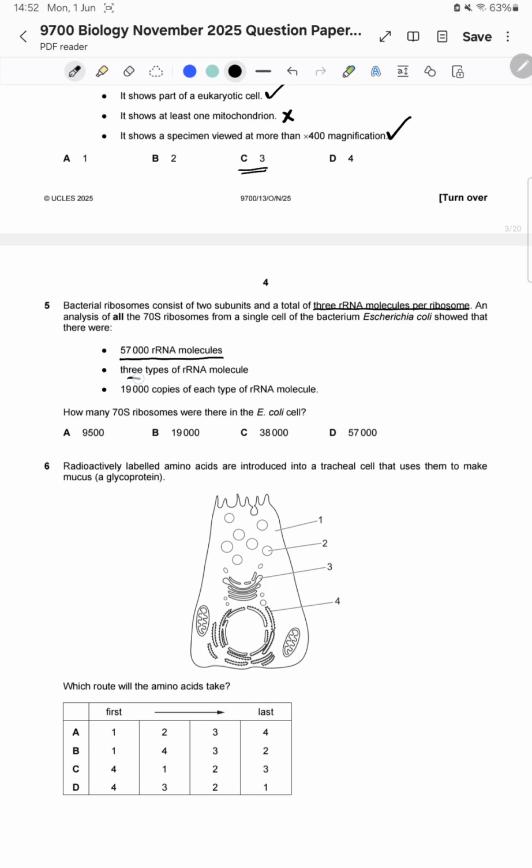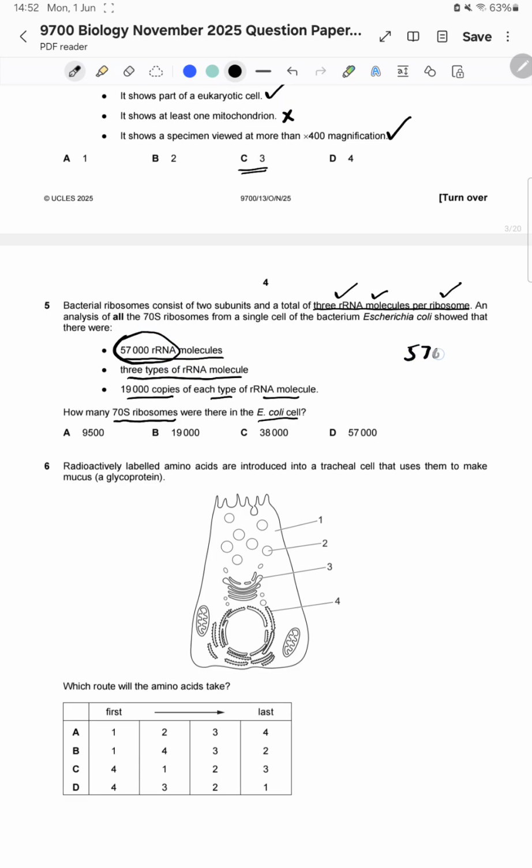The second one says 3 types of rRNA molecule, that we already know, and 19,000 copies of each type of rRNA molecule. And then it says how many 70S ribosomes were there in the bacterial cell. So we have already read 3 rRNA per ribosome, and here it already said 57,000 rRNA.